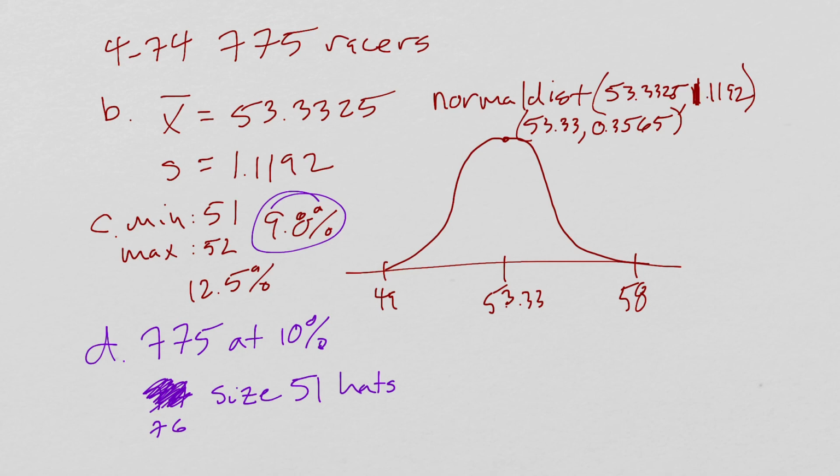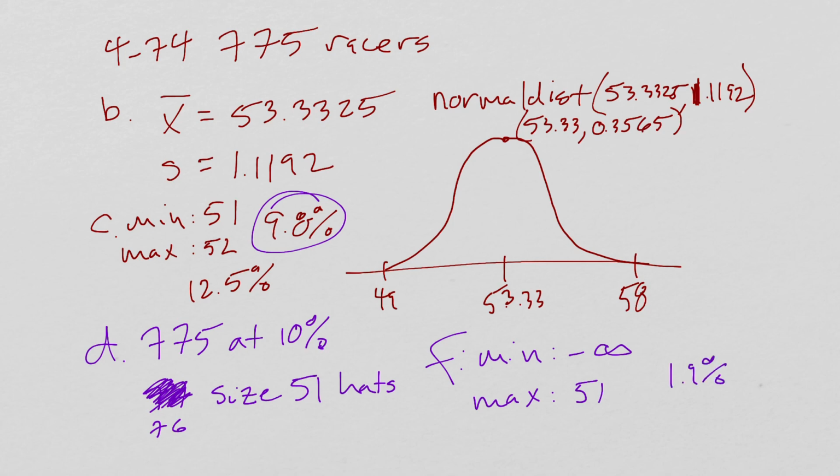Okay, so now for part F, our minimum is going to be negative infinity now, and our maximum is going to be 51, right? Because now we're going to see how many hat sizes less than 51 we are going to have. So we have negative infinity and 51, okay?